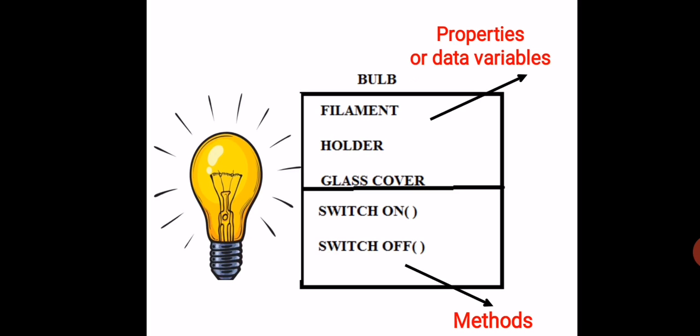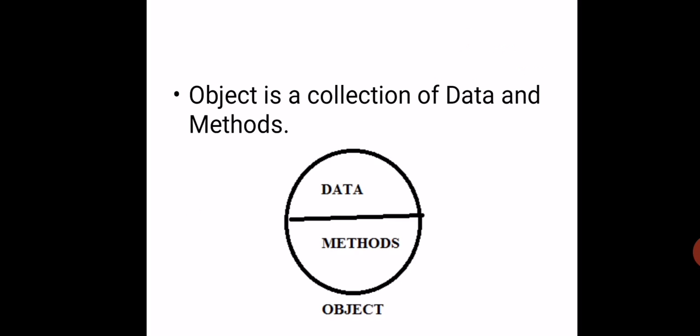So every object has both properties, or we call them data variables, as well as methods. So an object may be defined as a combination of both data and methods. These methods act on the data.